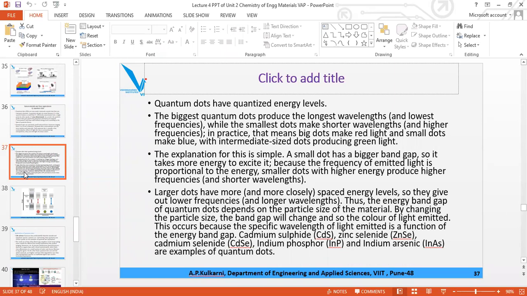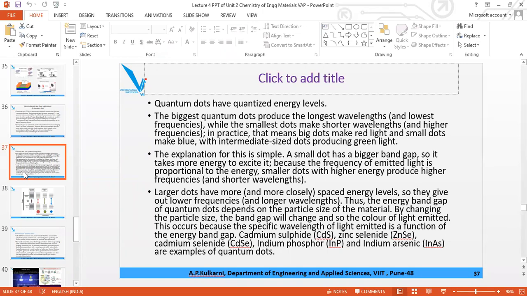And you are the smallest one, for which the wavelength is smallest, so the highest energy is required, and for that it gives blue color. So the order of the colors will be red color for your papa, blue color for you, and green color for your mama.